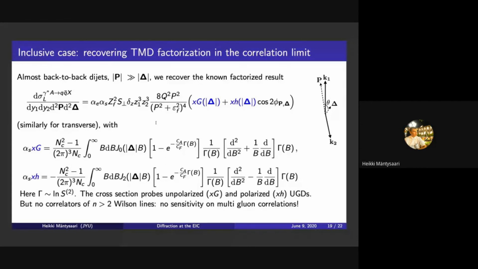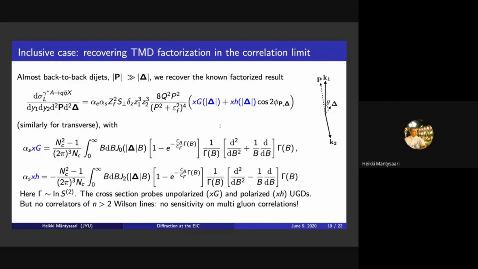Also, what we did is to look at the inclusive case, where there is a nice way to see the effect of multi-gluon correlations. So if you go to a particular kinematical limit, you recover TMD factorization, where the cross section can be written such that you have a transverse momentum dependent gluon distribution and a transverse momentum dependent elliptic gluon distribution.